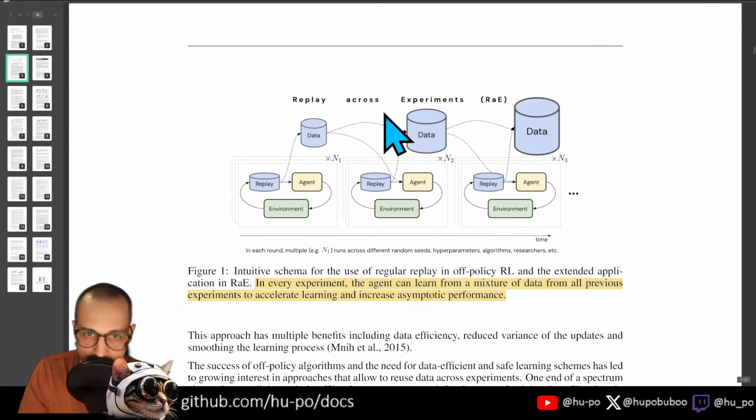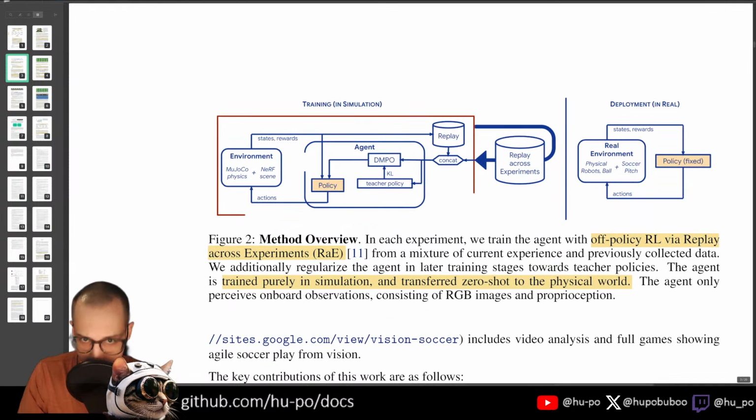In this replay across experiments, you can see they're gradually accumulating more and more data. Deep learning systems, and deep reinforcement learning is a type of deep learning, scale with data. The more data you have, the better you can cover the state action space, and the better your policy can find the optimal policy. So you're collecting a bunch of data in simulation, your MuJoCo physics and your NeRF scene here.